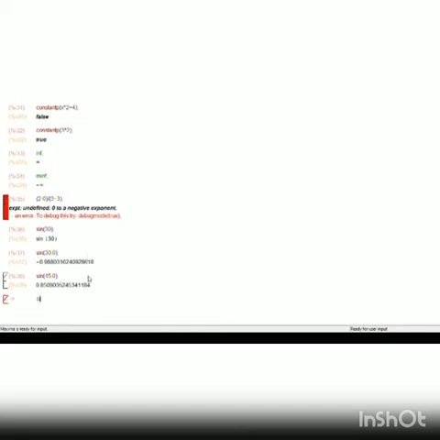You have to use floating values, that is 30.0. If you use this command, it gives you sine 30. Right? What is sine 45? What is sine 90?